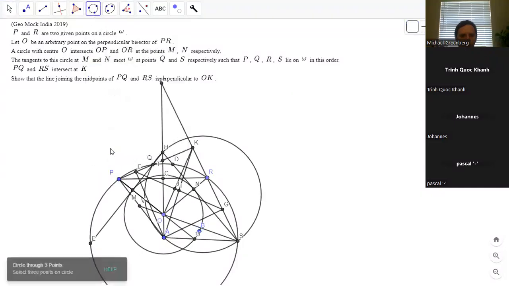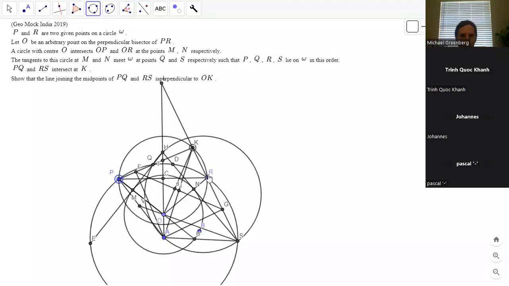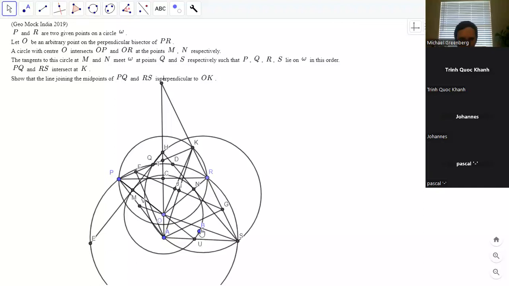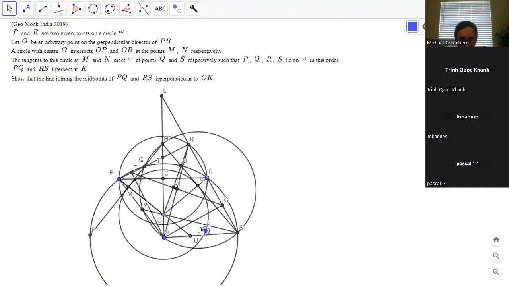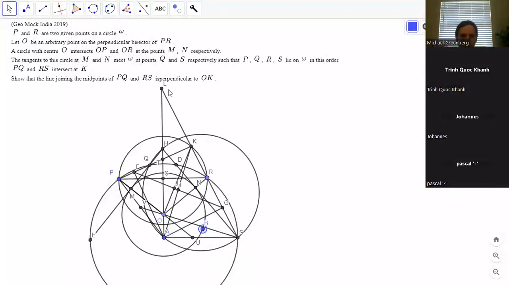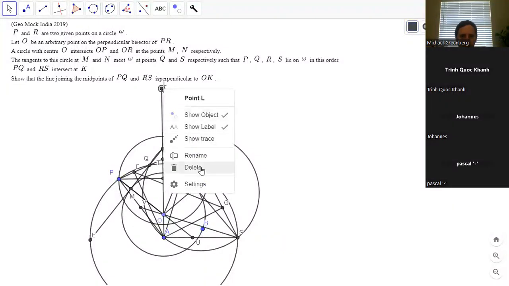But I cannot for the life of me figure out what that circle is supposed to be. Interesting. So as B moves, K lies on that circle. All right, I'm gonna delete L and all the other stuff I added.